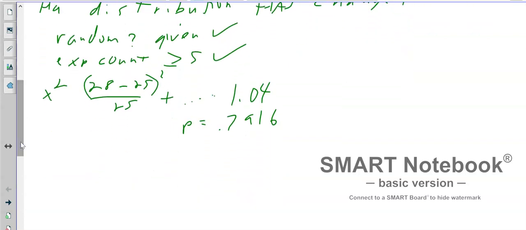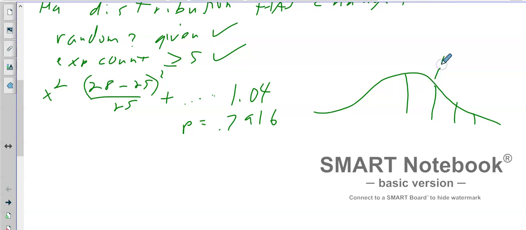And last thing we do is, we make our graph. 0, 1, 2, 3. 1.04. Here's 1 right here. So 1.04 is going to be really close to that line, and we just shade. So the area under the curve is 0.7916. So 79% right there.